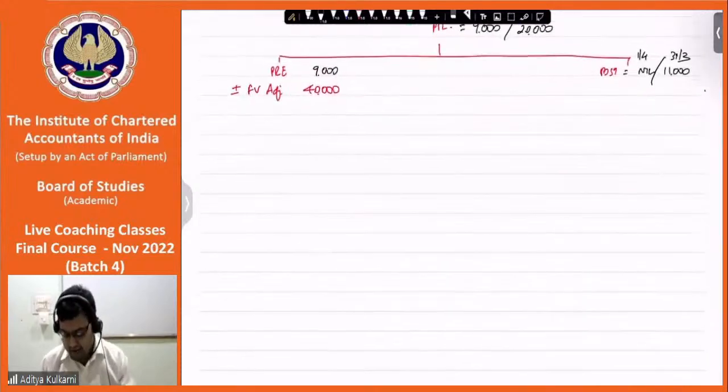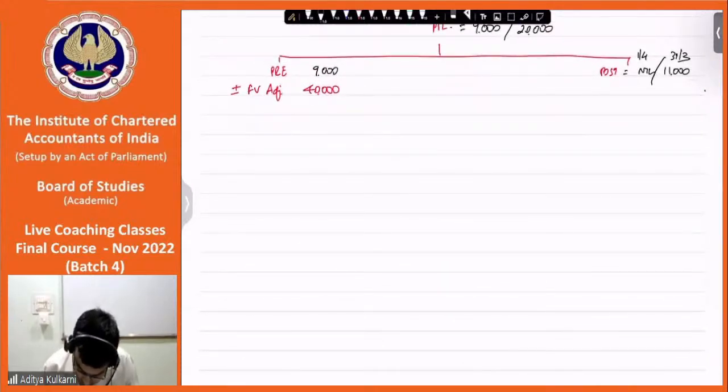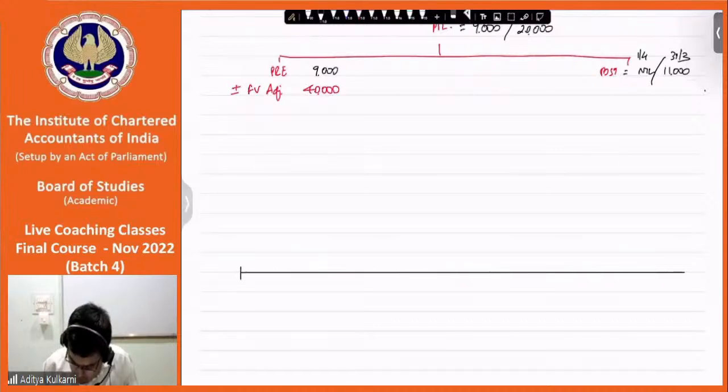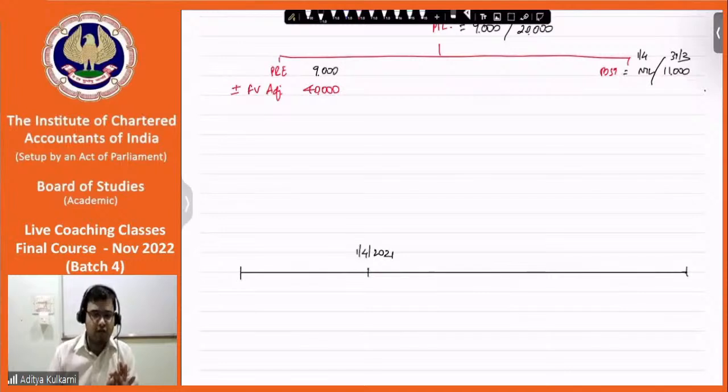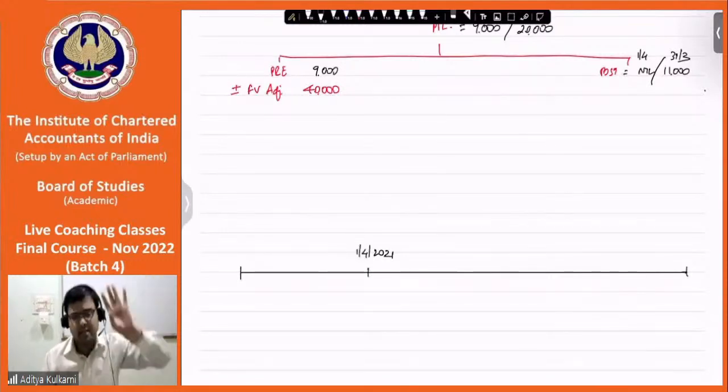Now the question arises, why do I do a fair valuation in the pre-profits? Let us understand. This is the timeline. The control is being taken over on 1/4/2021. Is the subsidiary getting incorporated on 1st April? No, it has been running for many years.